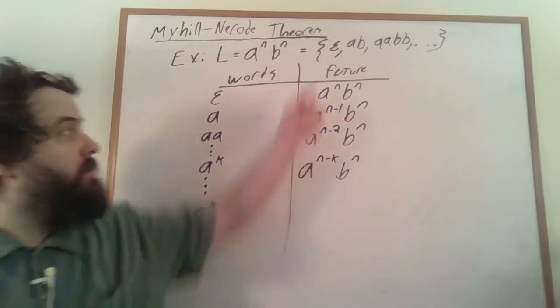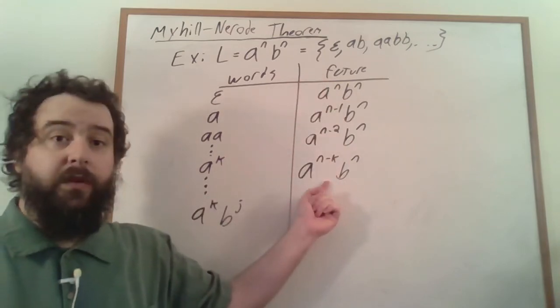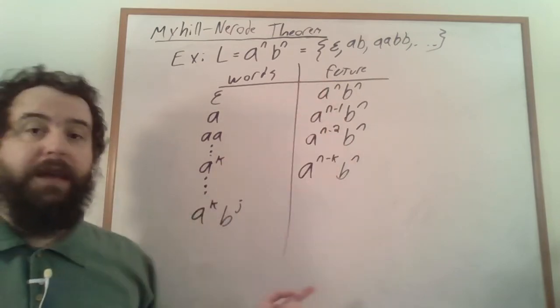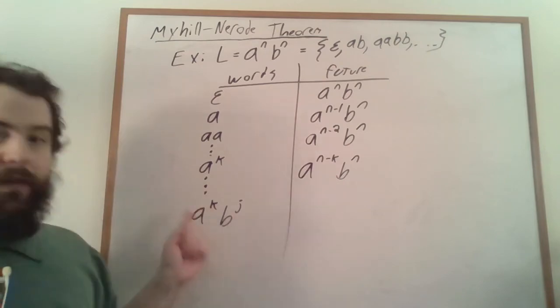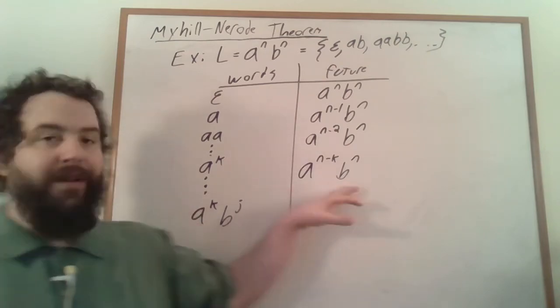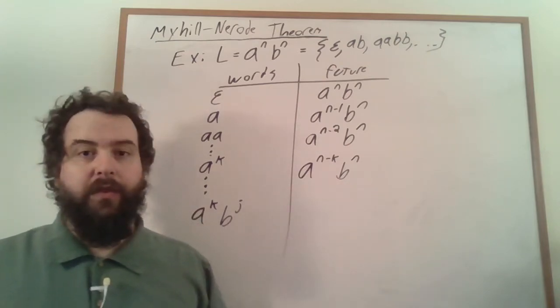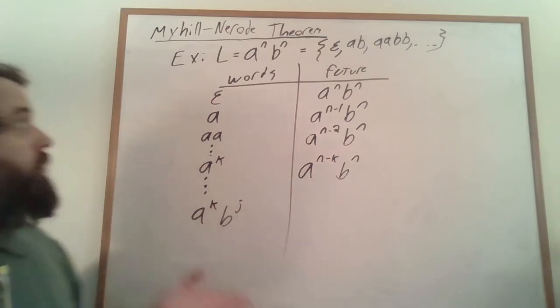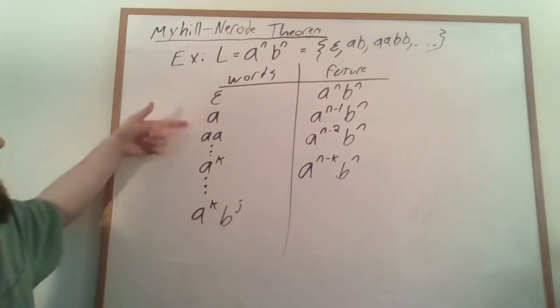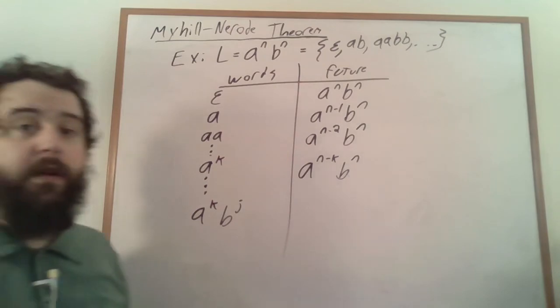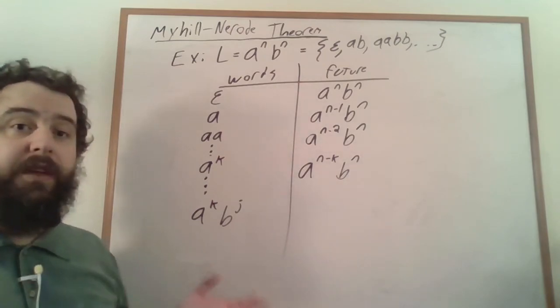And so none of these options exclude having more than one A at the beginning. So these words are going to have their entirely different set of futures. And so what we've done is we've proved that there are infinitely many Myhill-Nerode equivalence classes for this particular language.